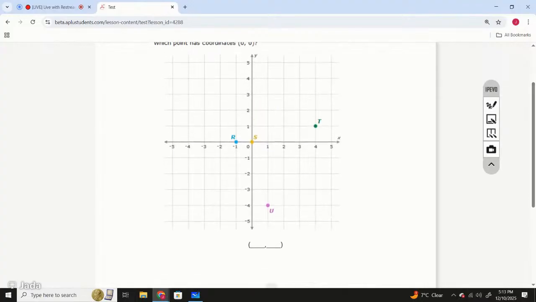Which point has the coordinates 0, 0? 0, 0, that is point S.